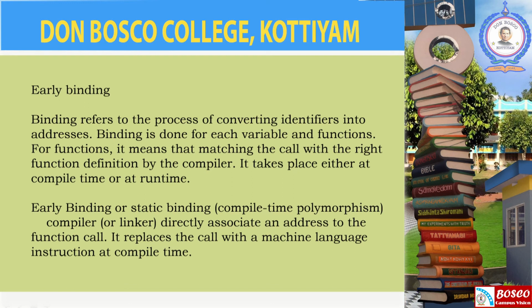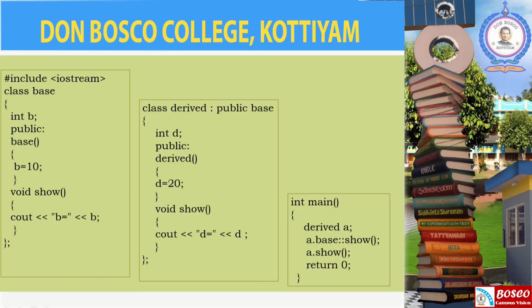So we can check an example. In this example, we have a base class base and a derived class derived, which is derived publicly from base. And in the base class we have a private member B, and under public section we have a default constructor to initialize the variable, and a member function show off to display the variable.